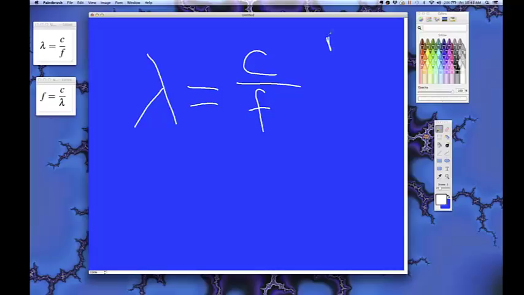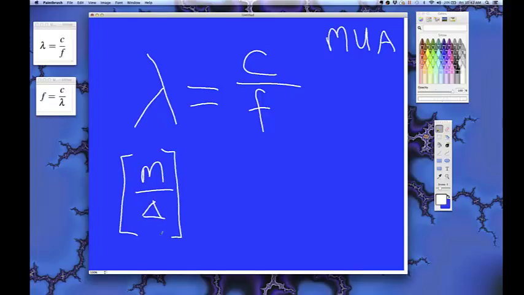Now in modified unit analysis, the units of wavelength are meters per cycle. So you can see this on the right where the units of the speed of light are meters per second, and the unit of frequency is cycles per second, but because this is in the denominator, you reverse it.